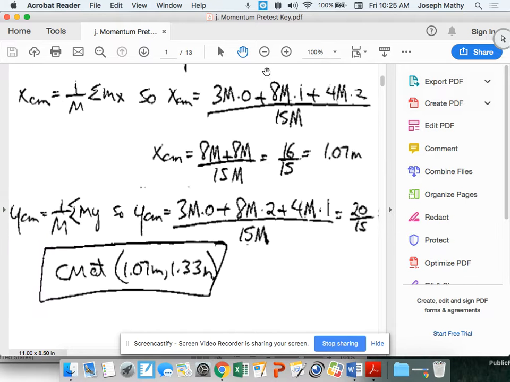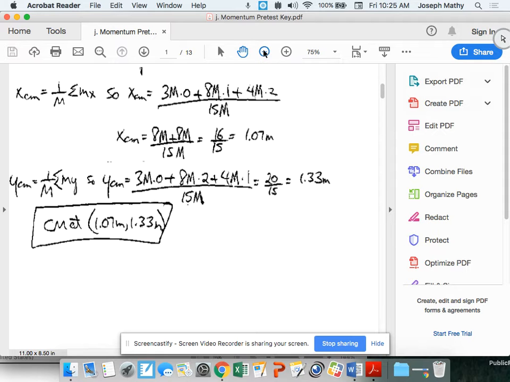And then your center of mass that you got in the Y dimension ends up being 1.33. So you literally just take masses and then take their locations. That's all you have to do for the first one.